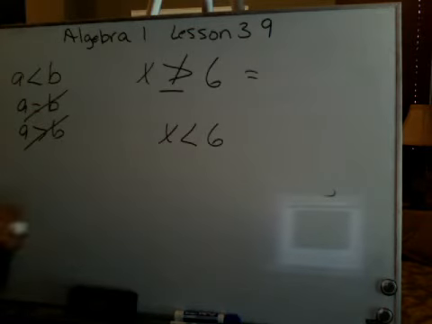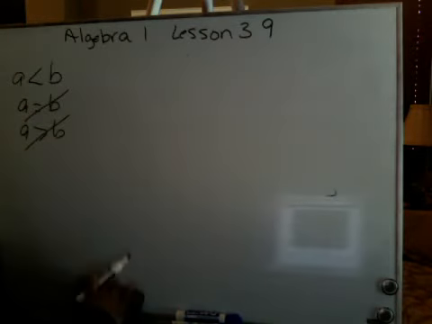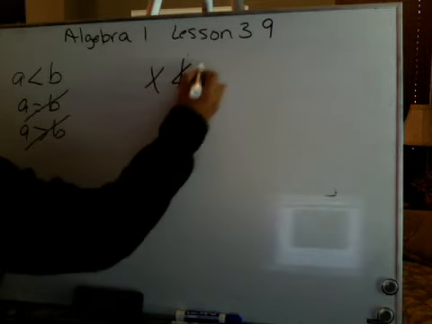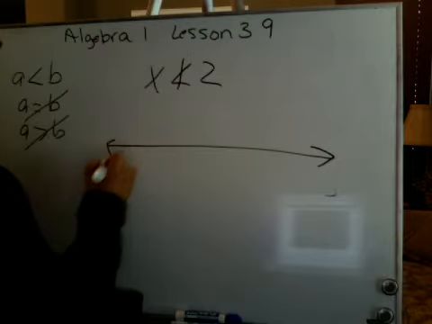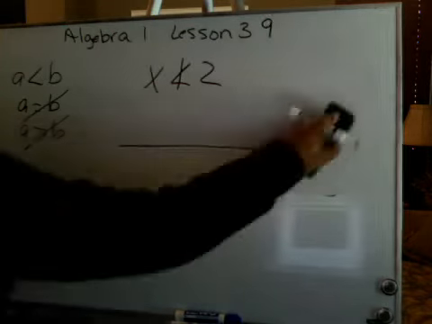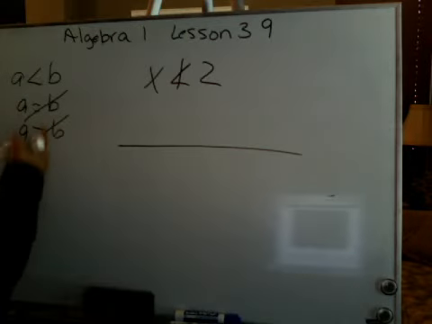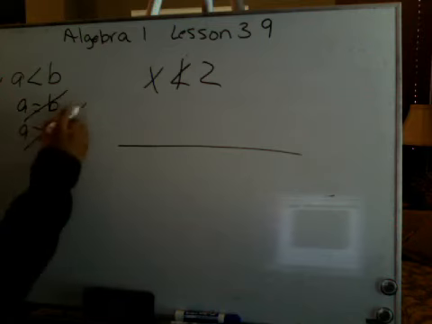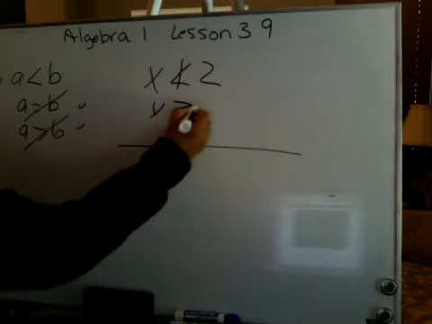Alright, so let's look at example 39.2. It says draw a number line to graph the solution x is not less than 2. So you draw your number line. Because it's a negated solution, we said it's not this one, so it has to be this one or this one, which means x is greater than or equal to 2.